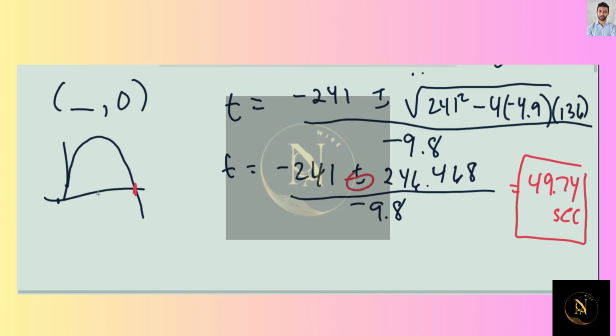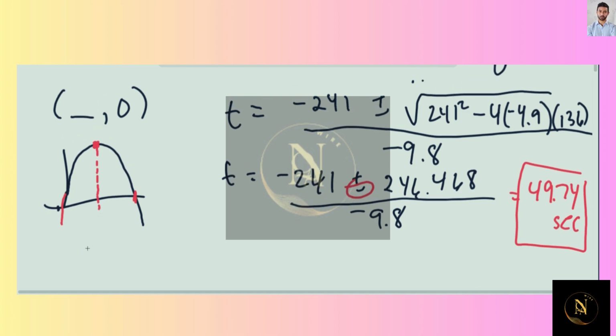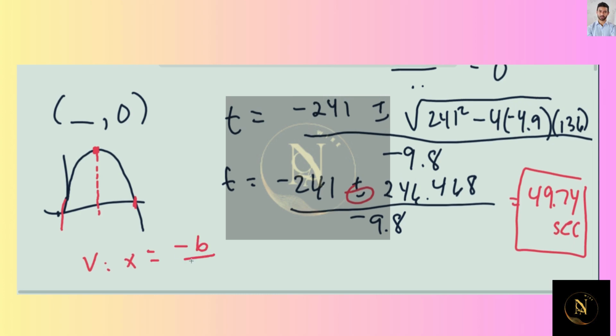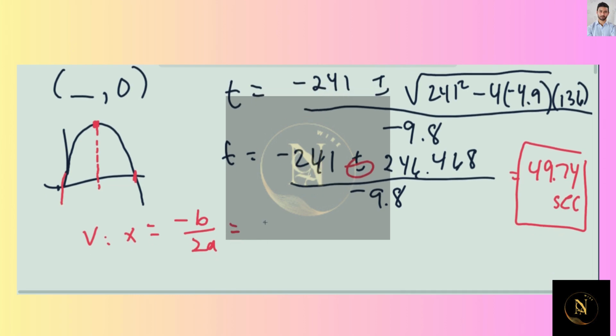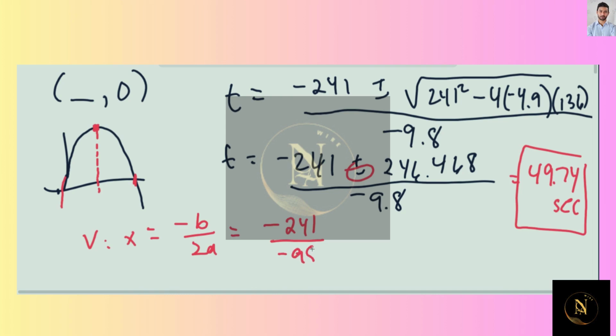Now you also asked what will be its peak height? We know its peak height is going to take place at the vertex, and remember, the x-coordinate of the vertex is at negative b over 2a. So the x-coordinate is going to be negative 241 over 2 times negative 9.8.